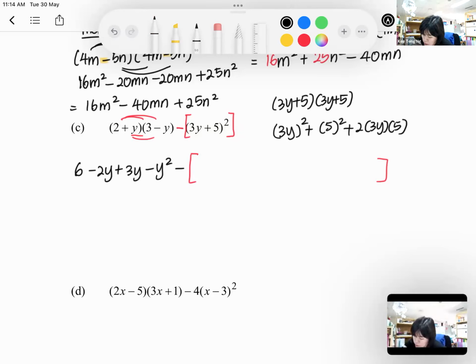So my answer for this portion is 9y squared plus 25 plus 2 times 3, 6, 6 times 5, 30y. Whatever you do, for your final answer, this portion, you should be able to get this. Then you remember to change the sign, multiply the number inside. Let me just do a little bit of simplification.